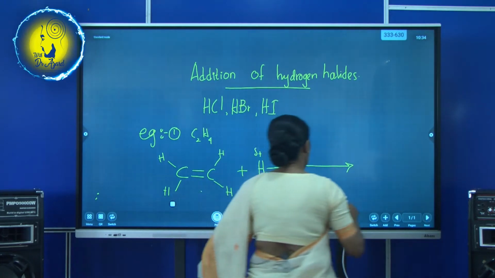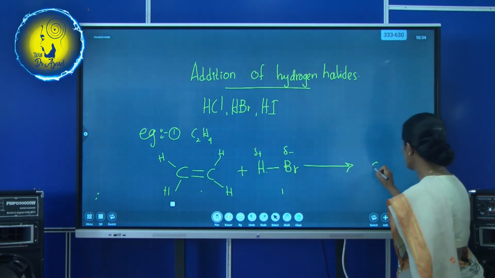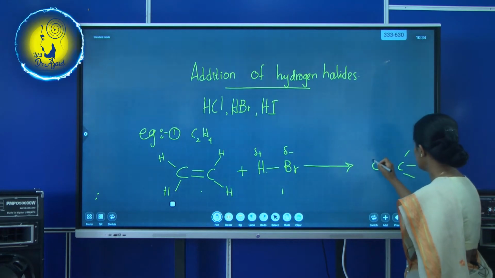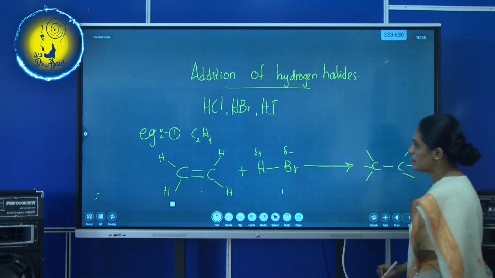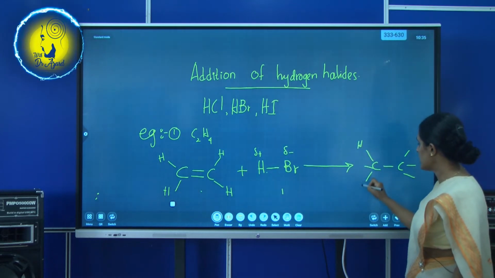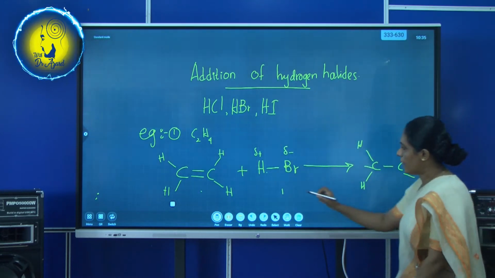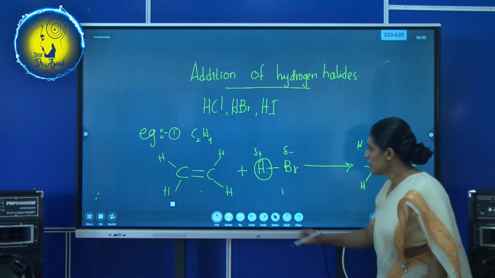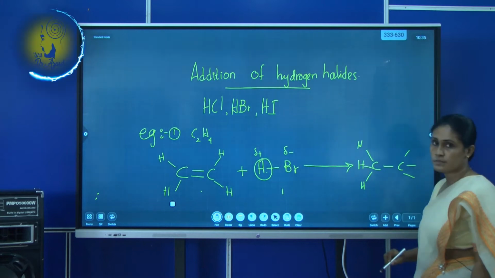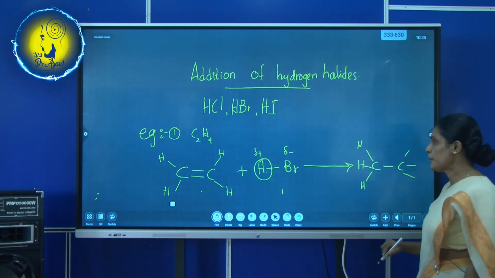As soon as it breaks, the diagram is no more like ethene, it will be another compound. See, I will draw the hydrogens which you can see at the beginning, and the hydrogen that comes from the HBr can be placed here. And what will happen to bromine?